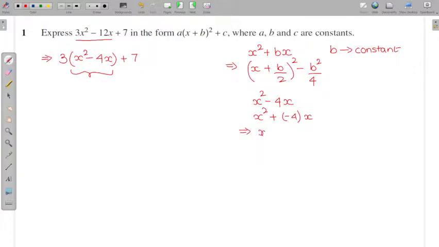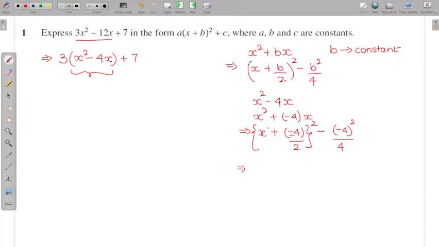So it will be x plus minus b by 2 bracket to the power of 2 minus minus b, which is minus 4 whole square by 4.